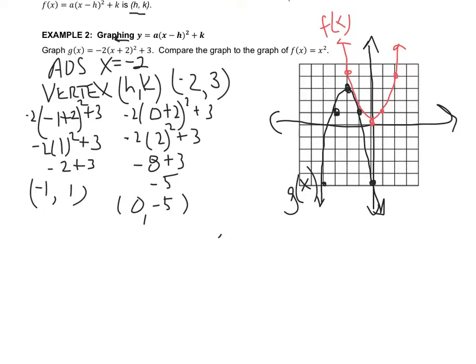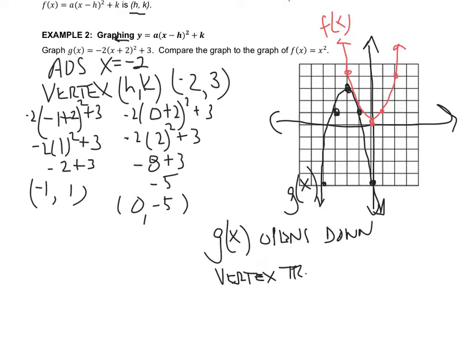Okay, so g of x opens down. And again, we knew that from the beginning with that negative 2 out in front for the a. That's still the same. We also have the vertex translated 2 units left and 3 units up.